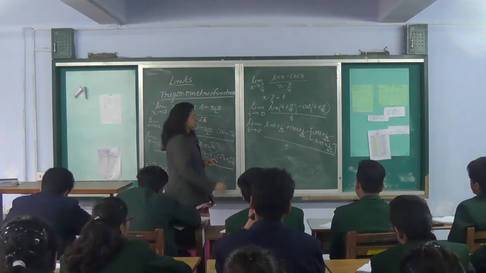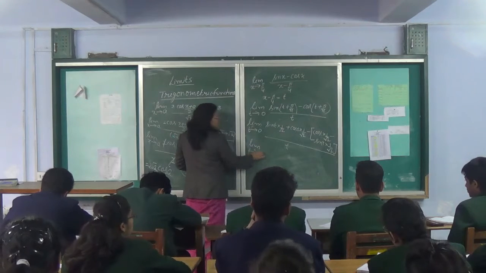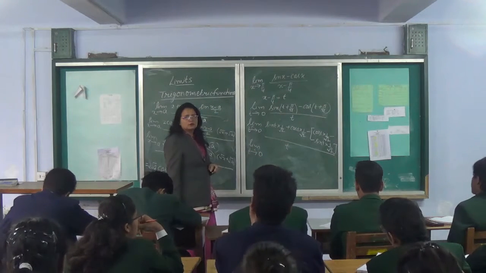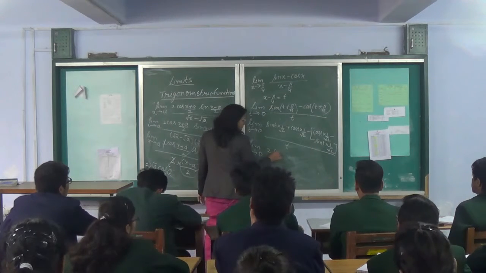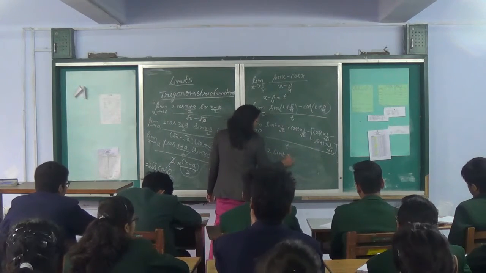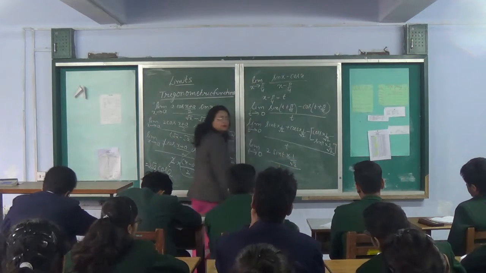Open the brackets, see what do we get? It's limit t tending to 0. What do we have here? 2 sin t into 1 by root 2 upon t.